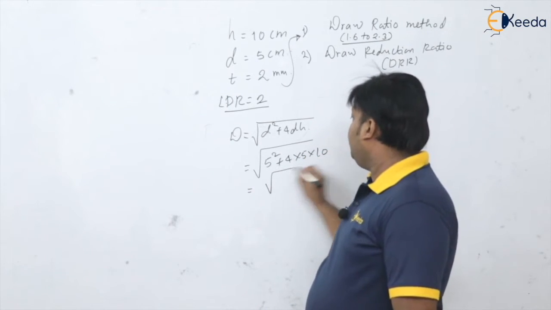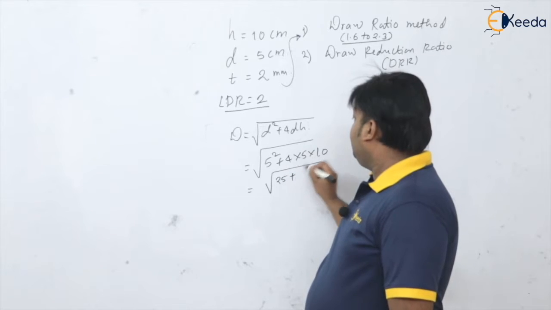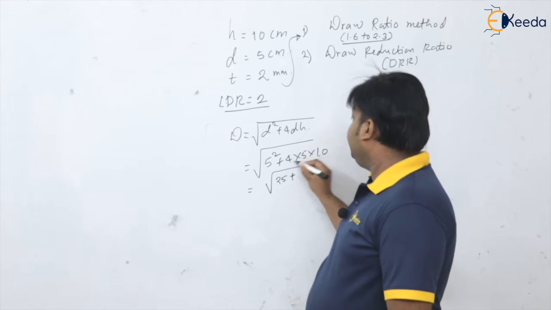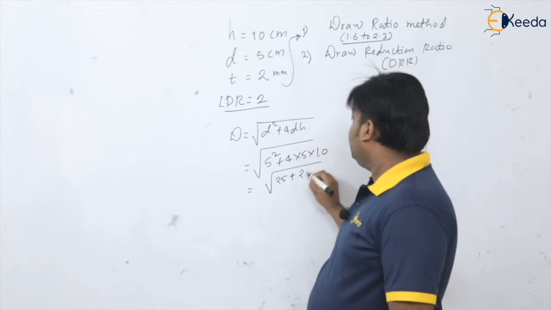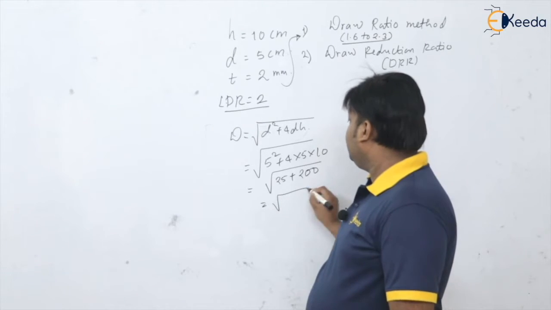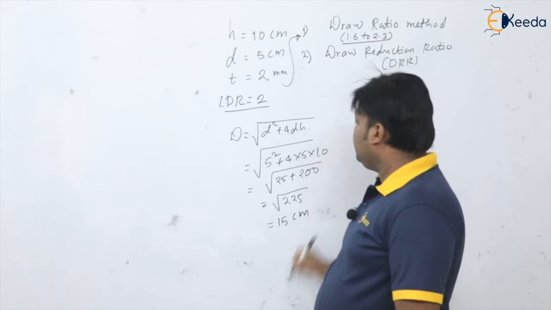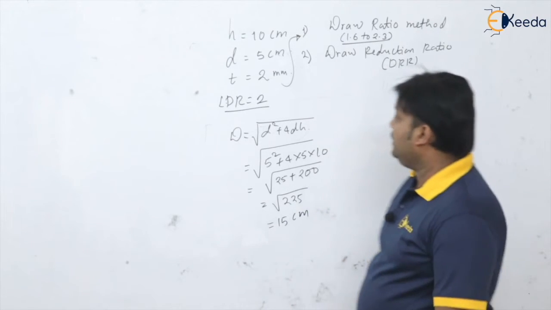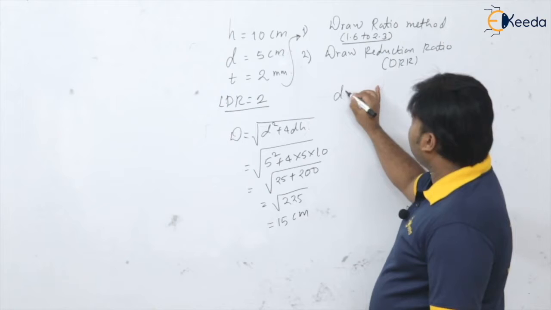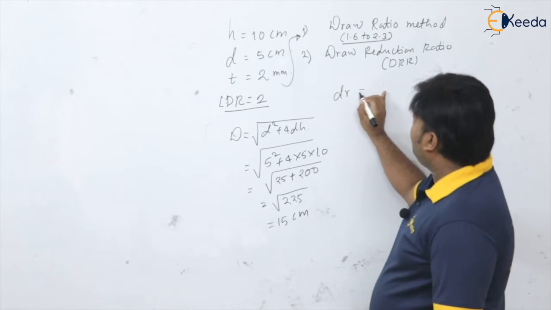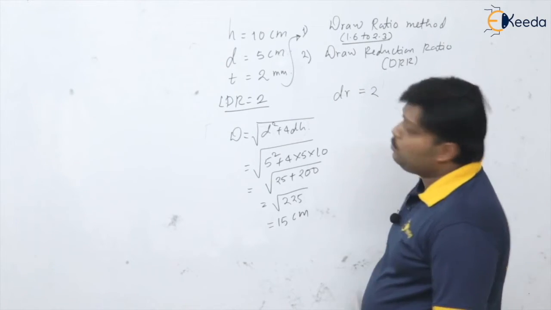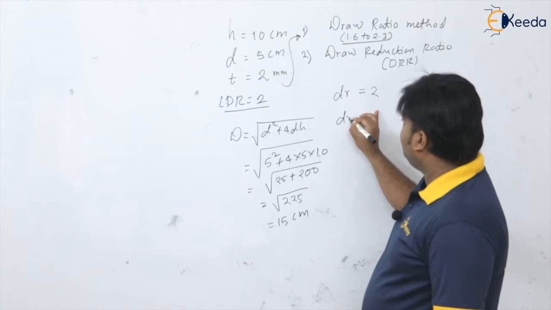So root of 25 plus 200, root of 225, is nothing but 15 centimeter. So you got the blank diameter as 15 centimeter, and the draw ratio you are assuming is 2.